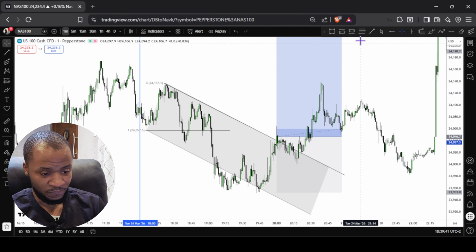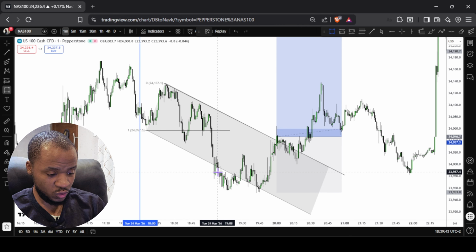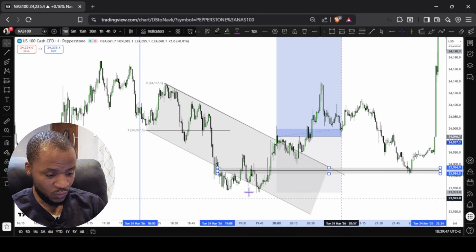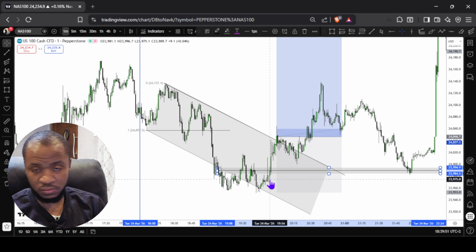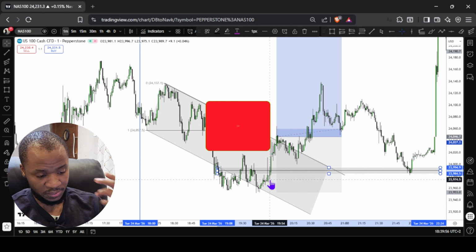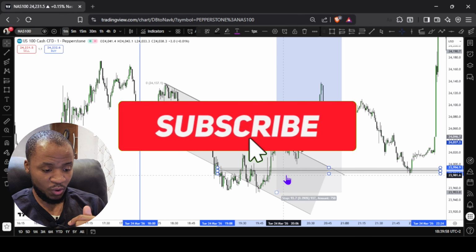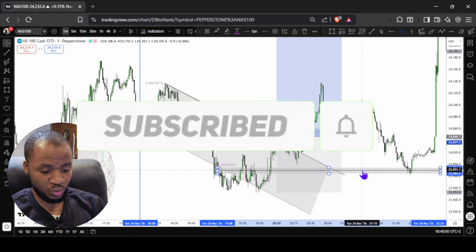for you as a beginner, what you need to look for is a last invasion fair value gap. You look for a last invasion fair value gap, and then you find it and mark it. Then you'll be like, okay, this is my entry point, and you wait for the market to pull back there.